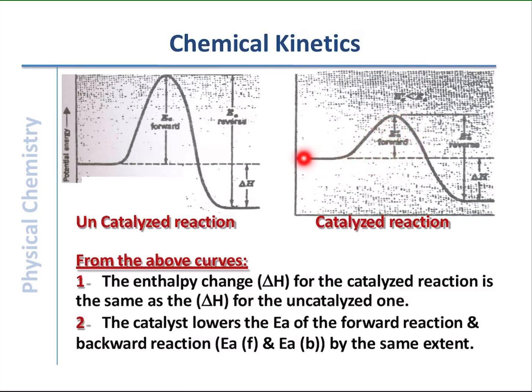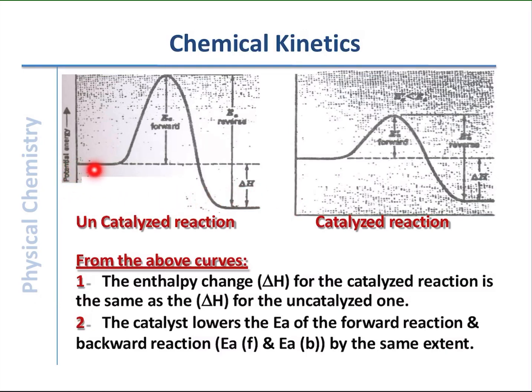The difference between reactants and transition complex. From the above curve, the enthalpy change, or difference in energy, for the catalyzed reaction is the same as the delta H for the uncatalyzed reaction. What is the delta H?